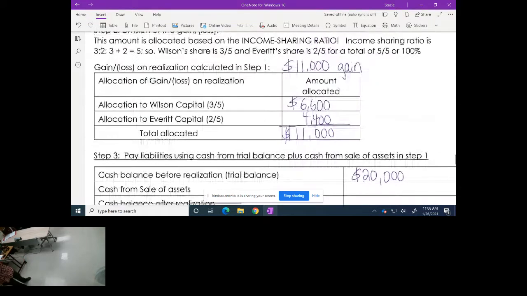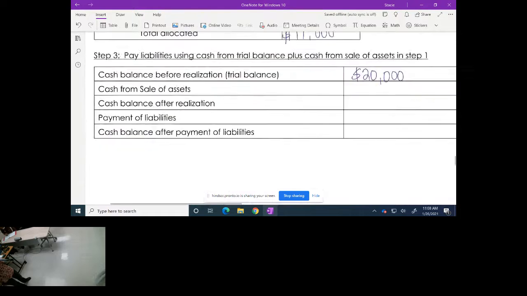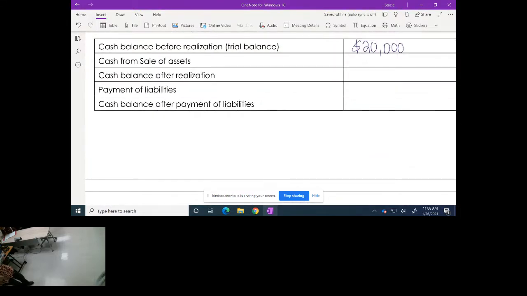We got 20 grand before liquidating. So how much cash did we get when we sold our assets? 11,000. No, that's your gain. How much money did we get? 85,000. Okay. So how much do we have after realization of the sale of the assets? What's our total now? 105.